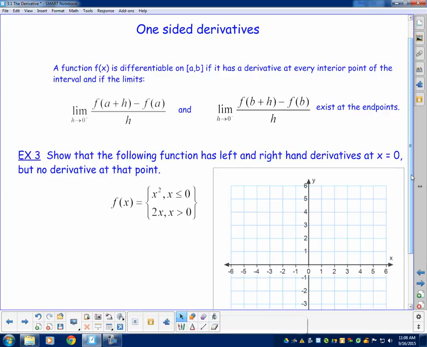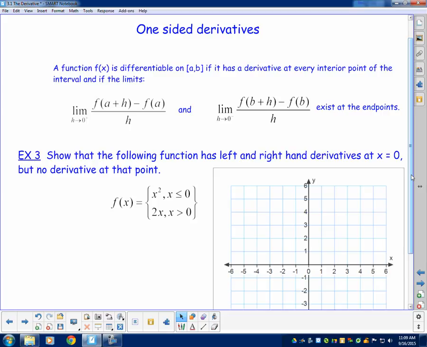One-sided derivatives. Okay, a function f of x is differentiable on a closed interval AB if it has a derivative at every interior point of the interval.